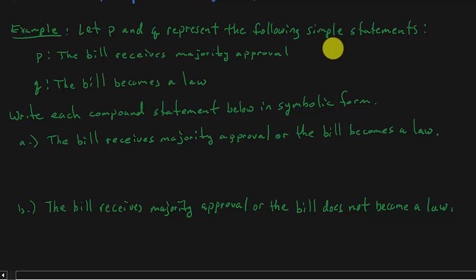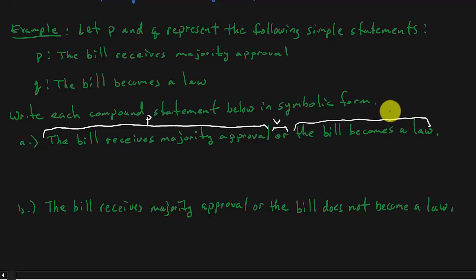The bill receives majority approval, so this statement here is P. And then here we have or, so that's our or symbol. And the bill becomes a law, that's Q. So to write this symbolically, that would be P or Q. And this would be your answer here.